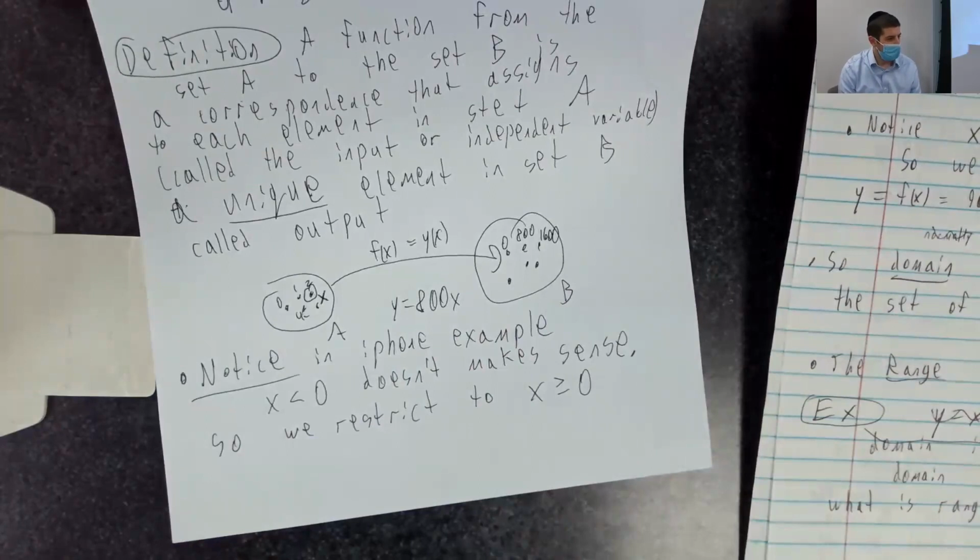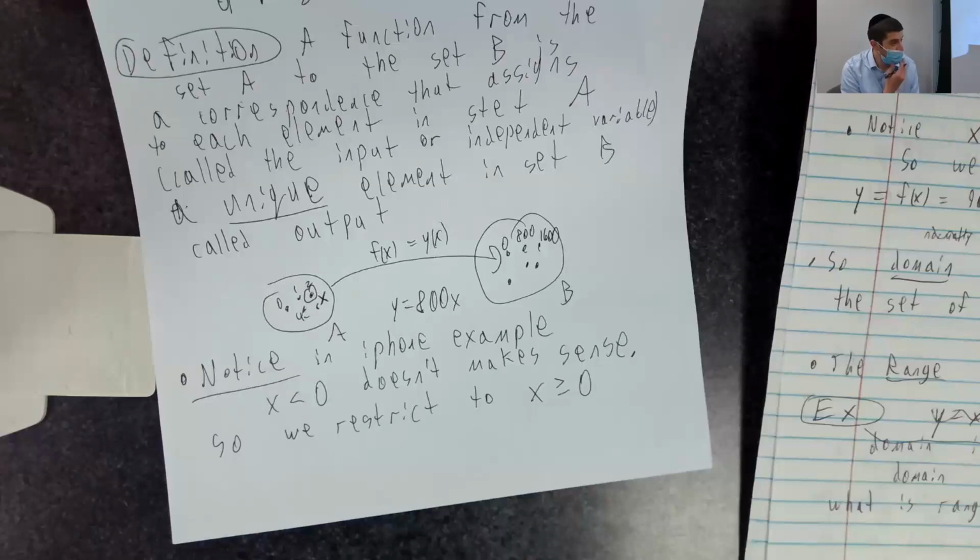Yeah, question? You can pre-order iPhones though, right? Oh, so maybe that's like a negative iPhone. You could owe someone an iPhone in the future. That's a good point. We could think of negative iPhones as you owe somebody iPhones, so you have a negative revenue. So if we want to allow that, that's true.